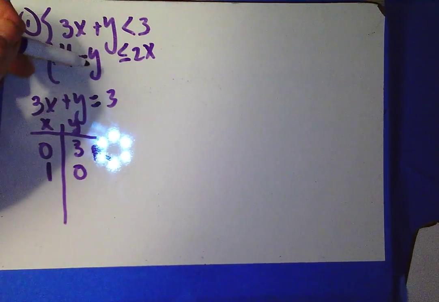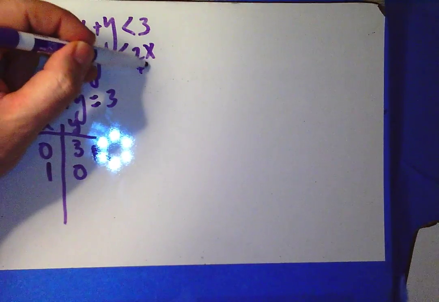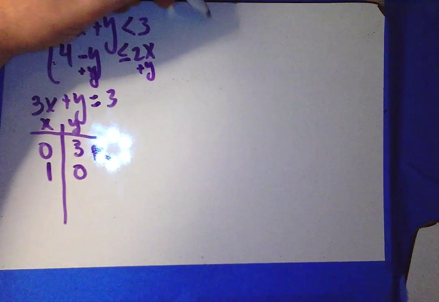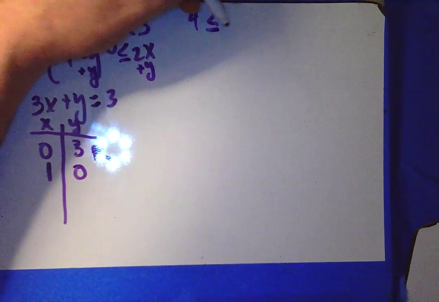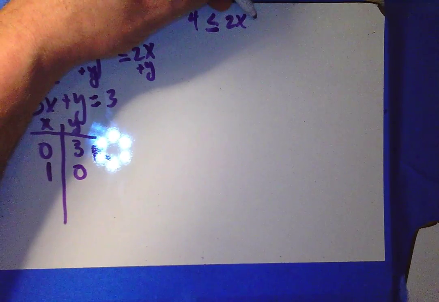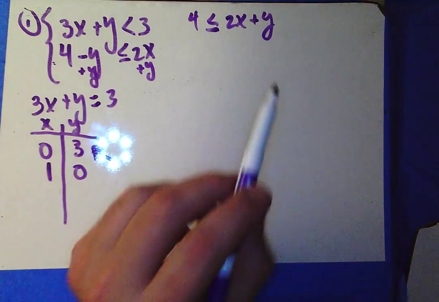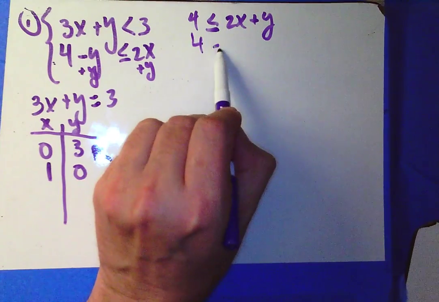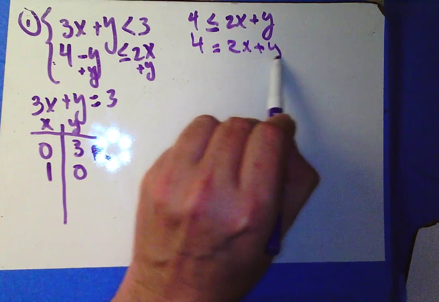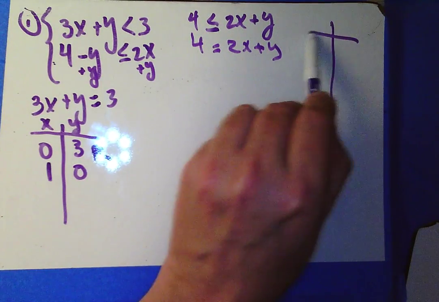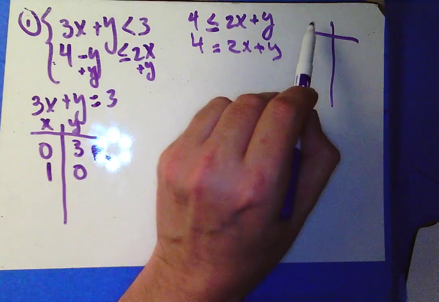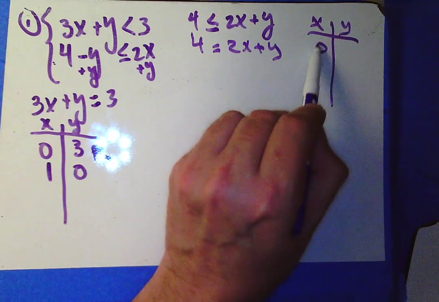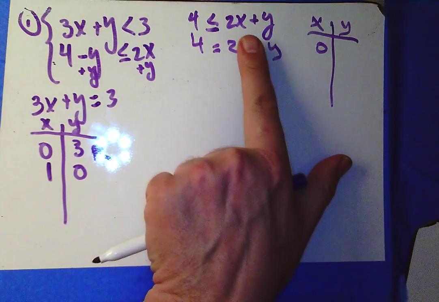So I think what I want to do is add y to both sides. And so my new inequality would be 4 is less than or equal to 2x plus y. And I'm going to graph the equation version of this, 2x plus y. And so when I find the x and y intercepts, remember, I plug in a 0 for x to find a y-intercept.